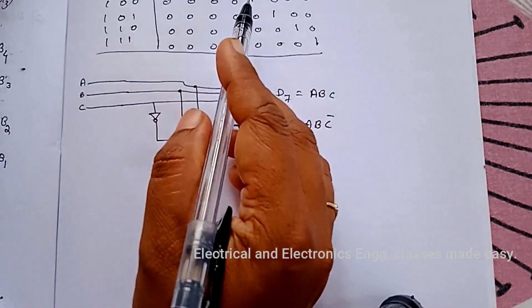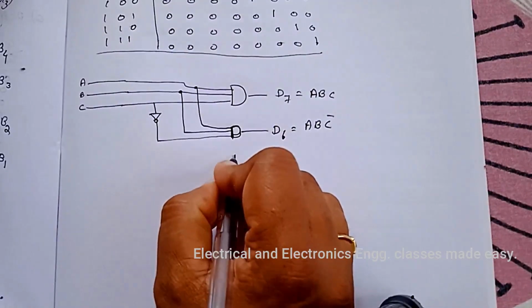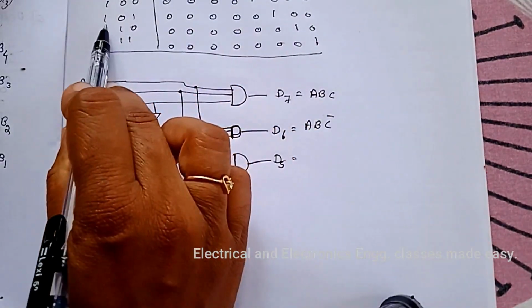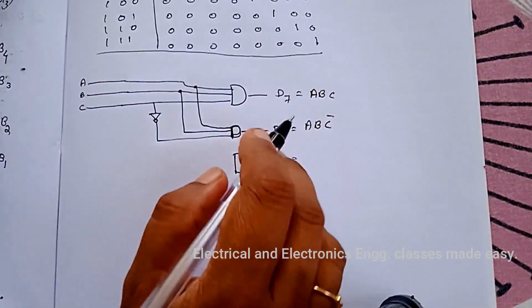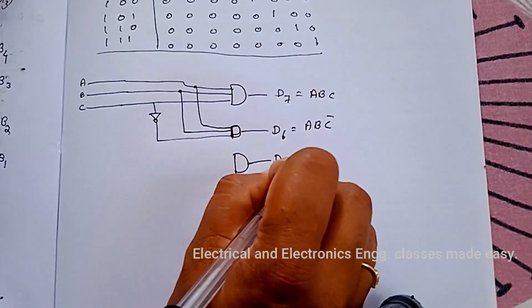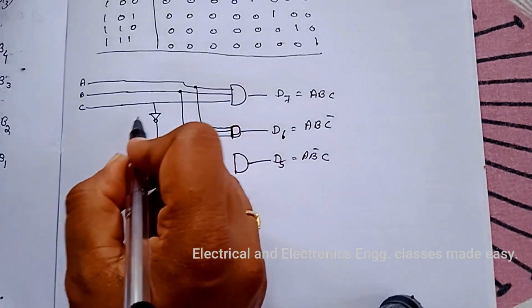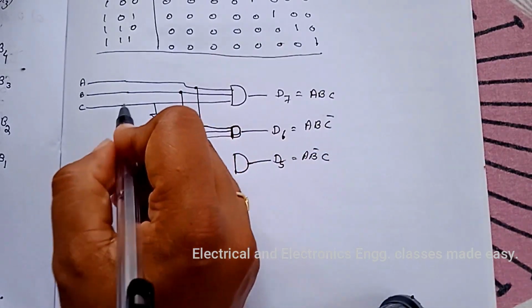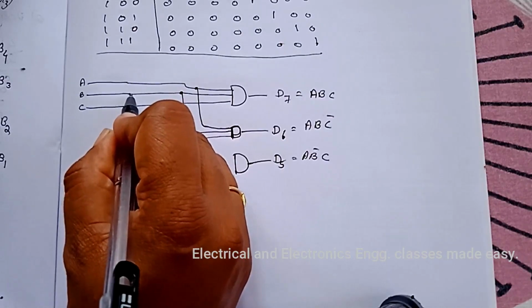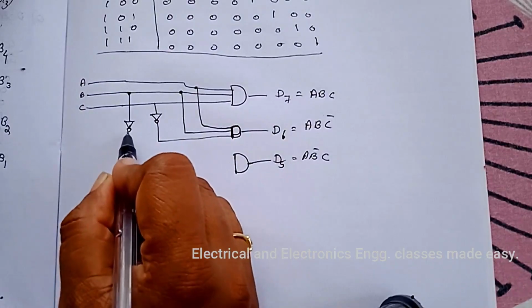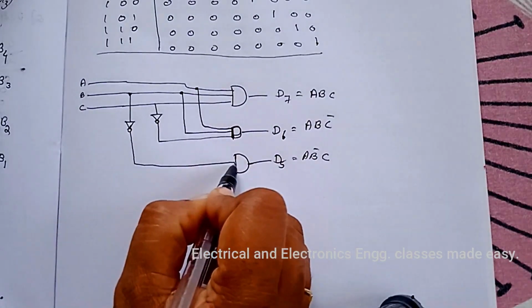And next is D5. For D5, it is A, B bar, C. For that we need B bar, so here one NOT gate, then B bar.